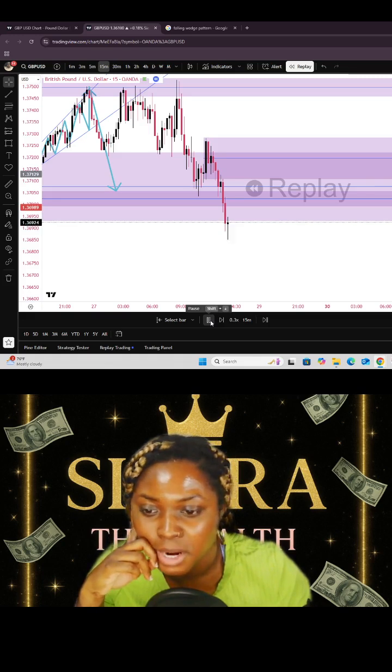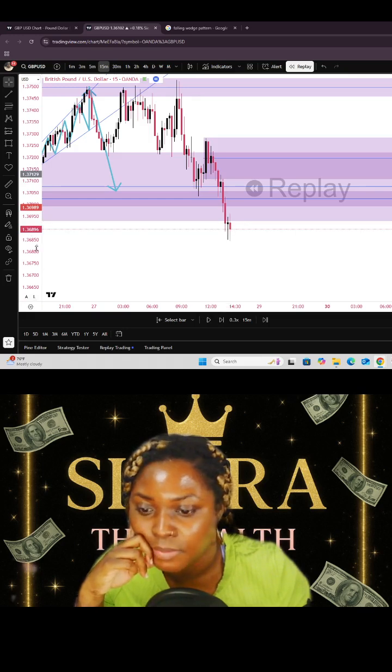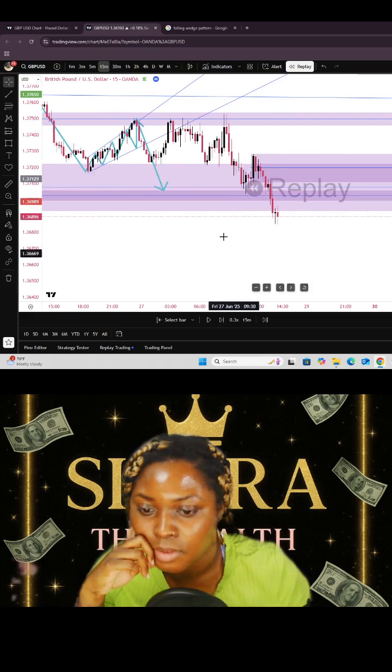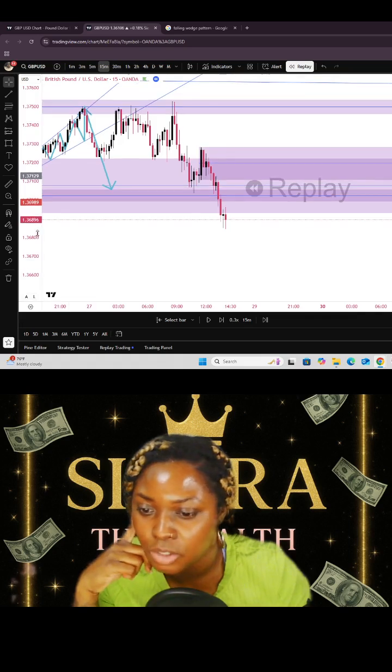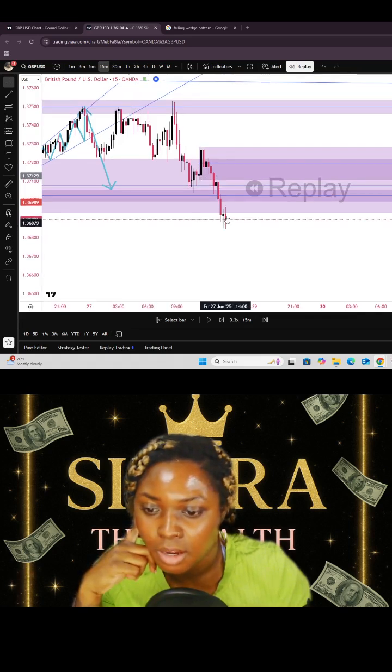I want to see if price is going to pull back and give me a retest. I don't want price to run off without me, so I'm watching my candlesticks.